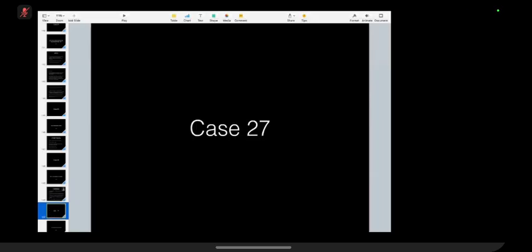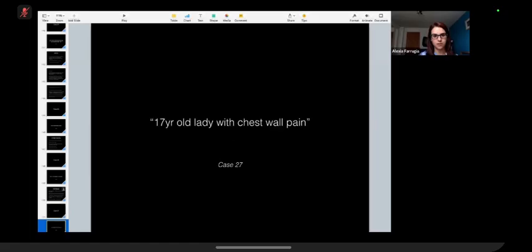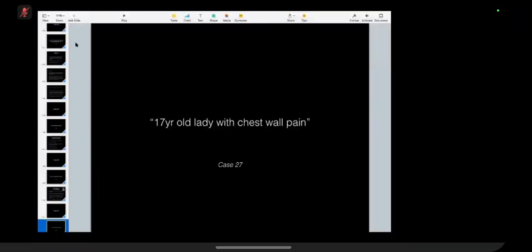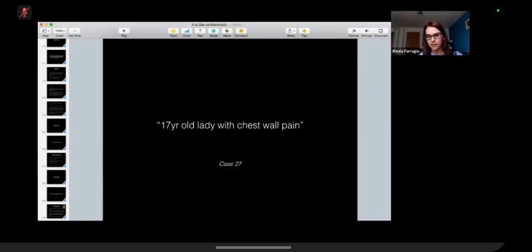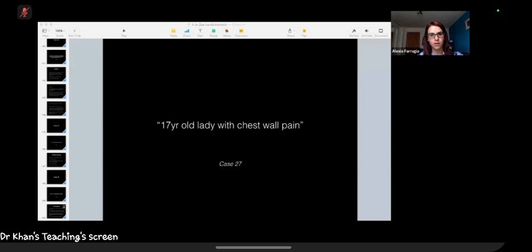This is the last case now, case 27. So this is your history. 17-year-old lady with chest wall pain, previously well, previously healthy, no admissions to hospital.